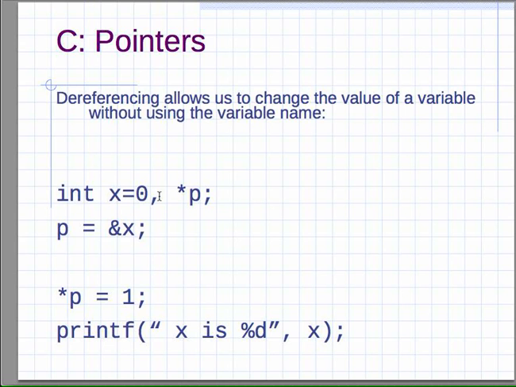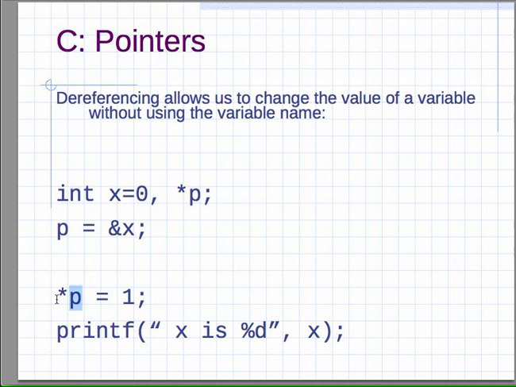So when we say star P in a declaration, we're saying that P is of type pointer to int. However, when we say star P on the left-hand side or on the right-hand side, what we're doing is dereferencing. So this is called dereferencing. It's saying I'm going to take the pointer P, I'm going to find the thing that it's pointing to.